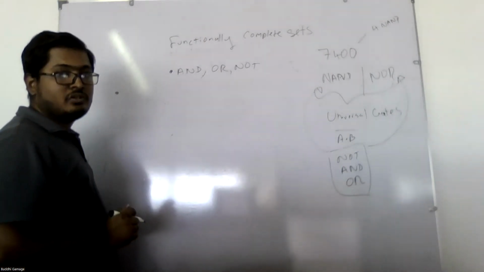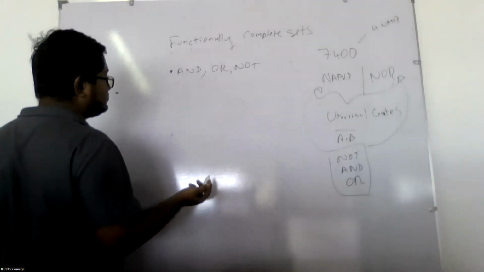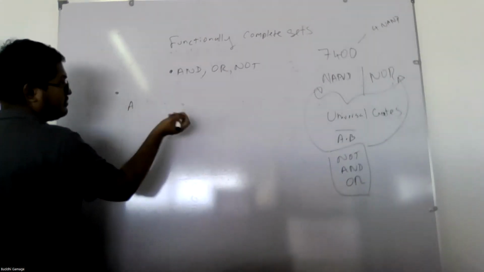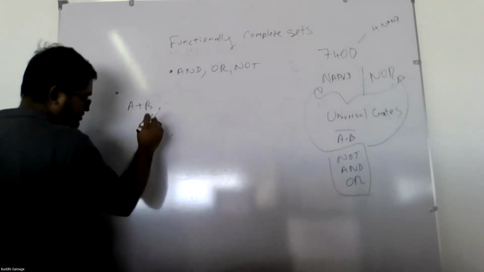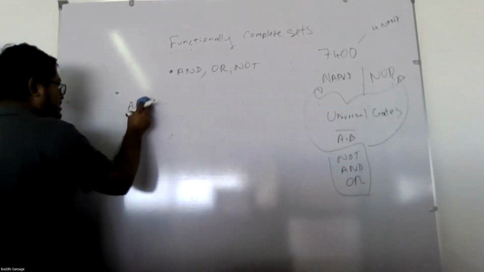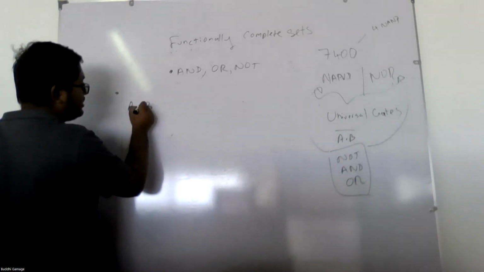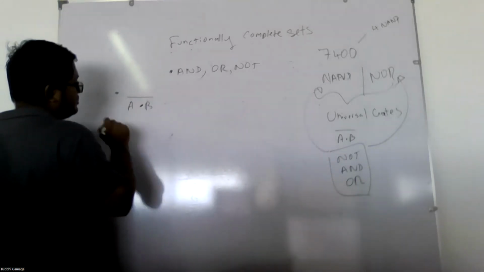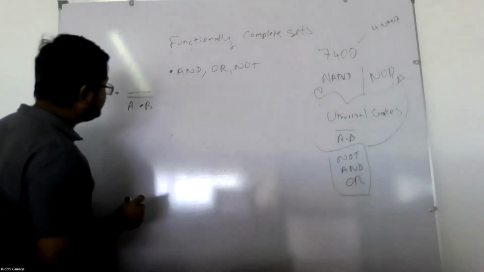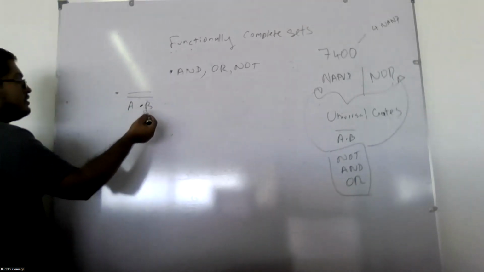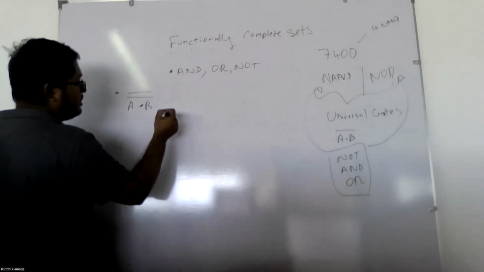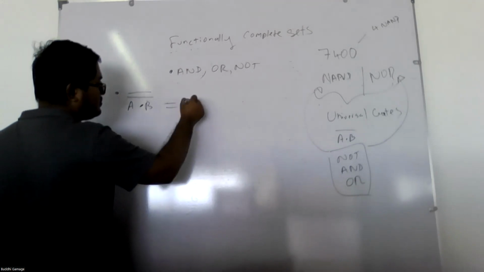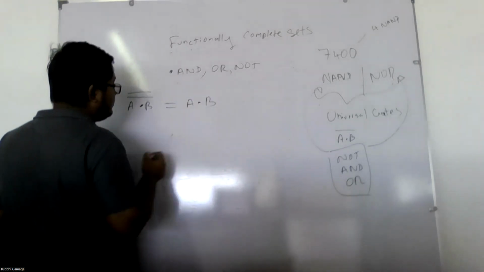And AND is A dot B. If we use De Morgan's law, this is about Boolean algebra, we do the double negation. If you do double negation, the NOT is not going to do any harm, so it will be equal to this again.